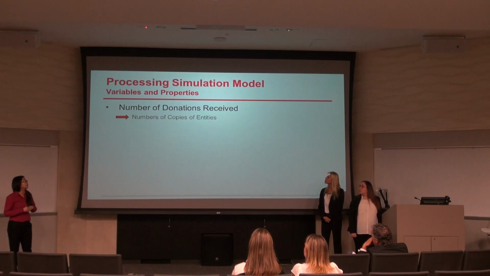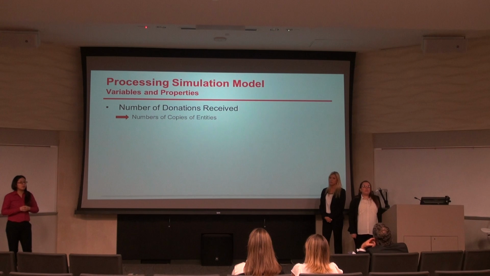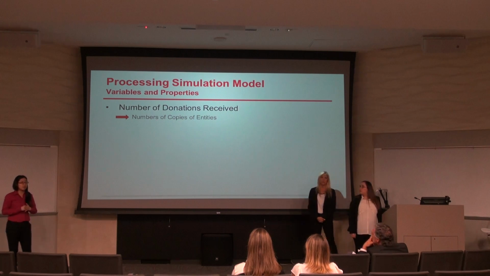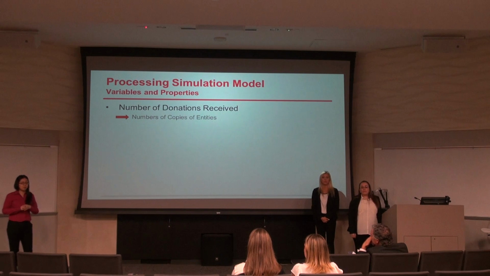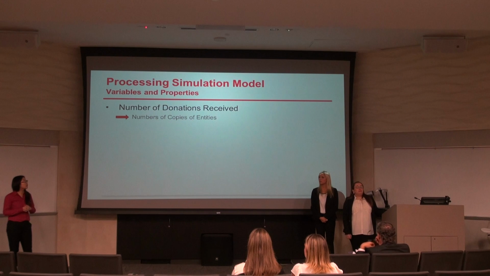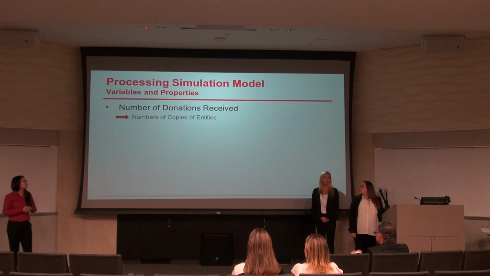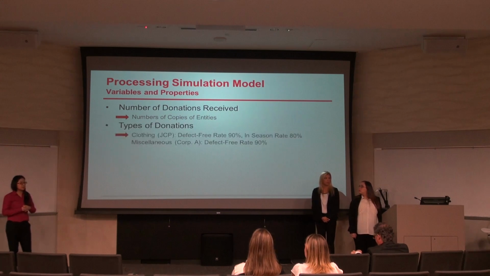that affected our output. The first is the number of donations received. We say that's a copy of entities in our model. We got a number from the Excel sheet provided by the Volunteer Center. Then we had an estimation of the number of items they received on each pallet or each box. And then we have the types of donations.